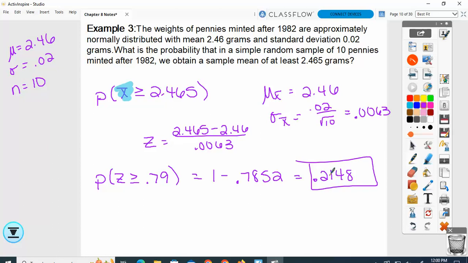Then 1 minus 0.7852 gives us 0.2148. So this is really the same thing we have been doing, but since I'm talking about x bar, when I find my z, I have to use the mean and standard deviation for x bar. That is the only thing that has changed. Any questions on that?